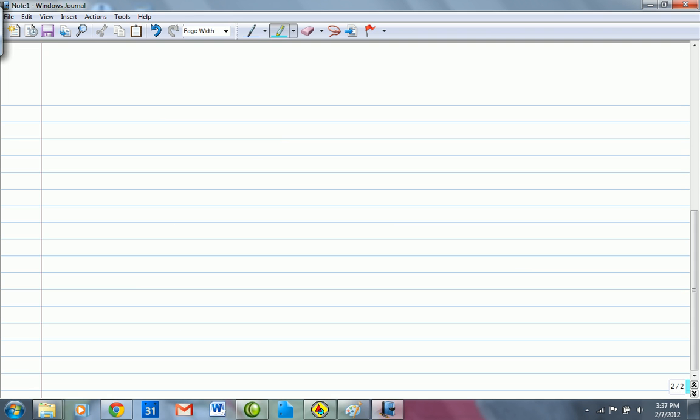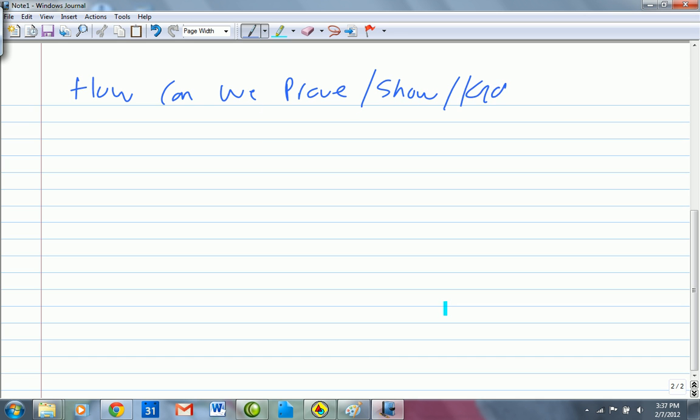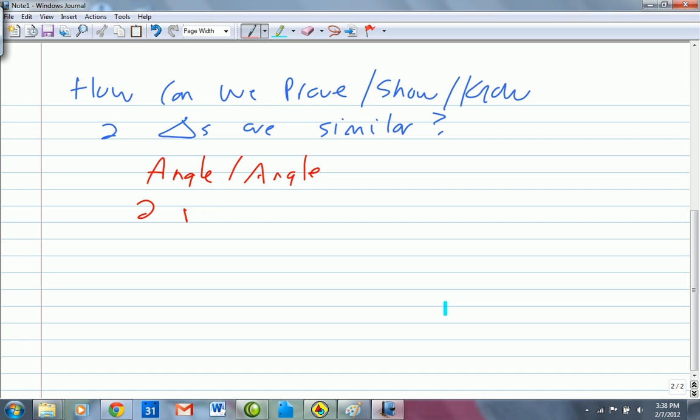So how can we prove or show two triangles are similar? For now, we're just going to give you one answer for that: if they share two congruent pairs of angles. We call that the angle-angle relationship. So two pairs of corresponding congruent angles, that's what angle-angle means.